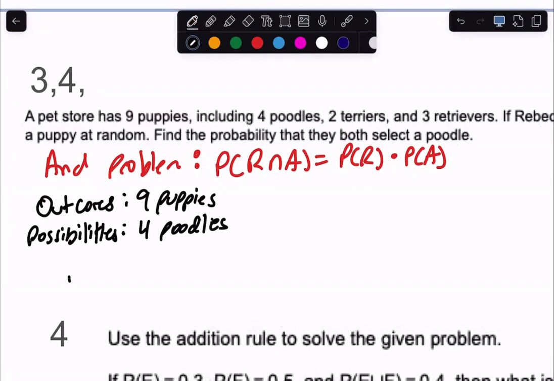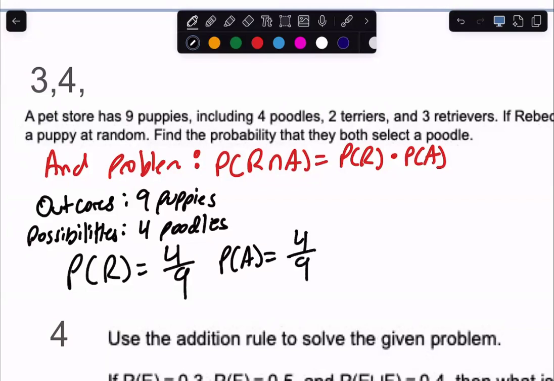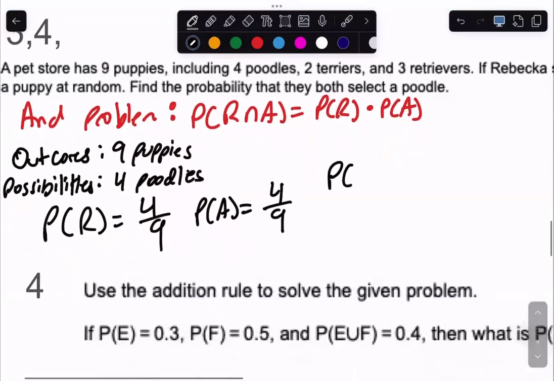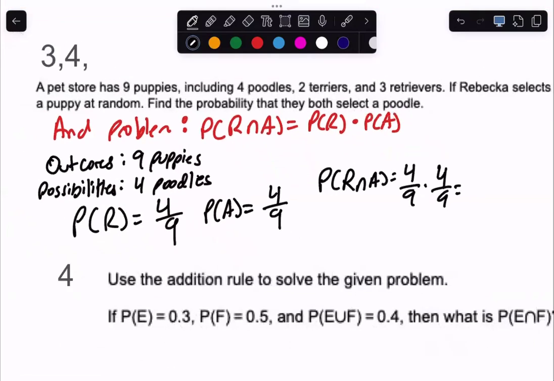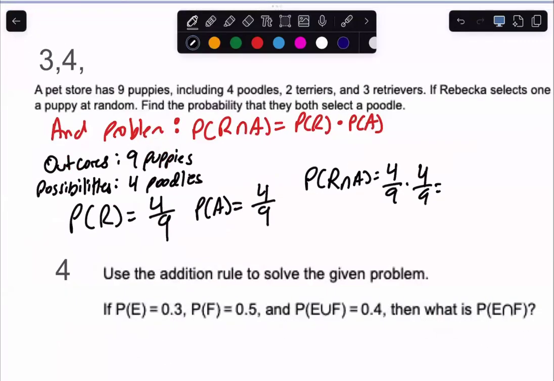So what's the probability of Rebecca choosing a poodle? 4 out of 9. What's the probability of Aaron choosing a poodle after whatever poodle Rebecca chooses gets replaced? It's still 4 out of 9. Then all you have to do is plug it into the formula. 4/9 times 4/9 gives me 16 over 81.